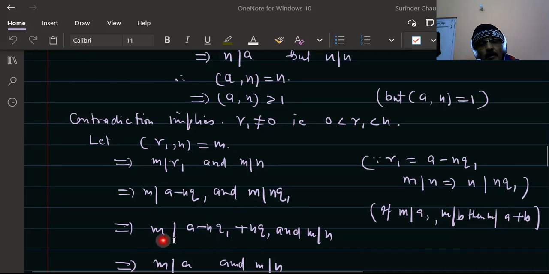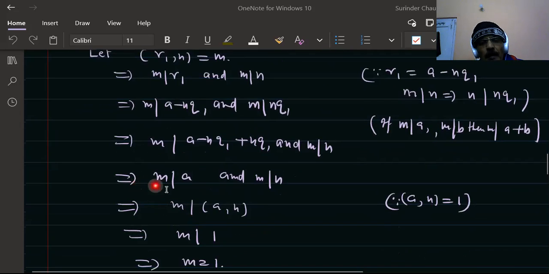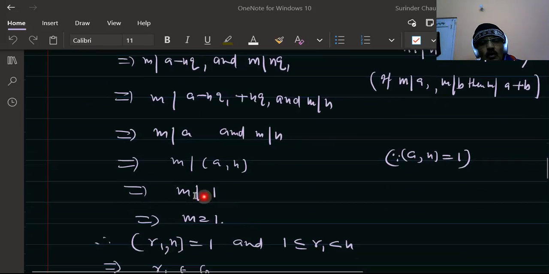So m divides a minus N q1 plus N q1, and when we cancel them out we get m divides a and m divides N. This implies m divides the greatest common divisor of a and N, but the greatest common divisor of a and N is equal to 1, given. This implies m divides 1, so m must be equal to 1.